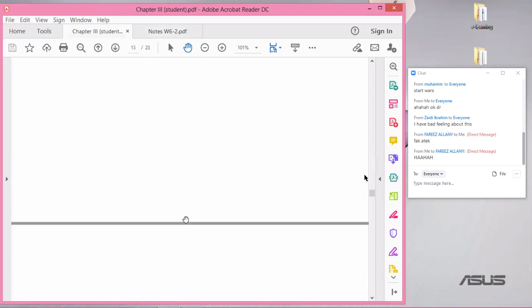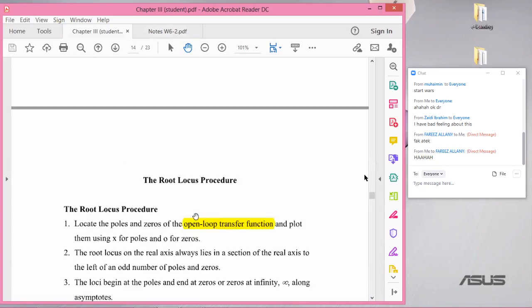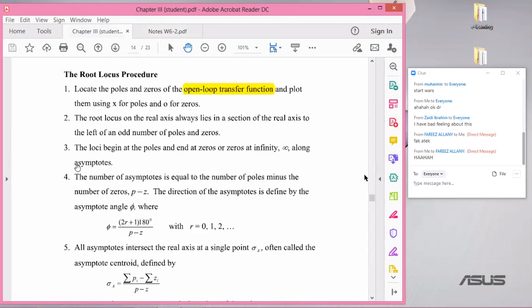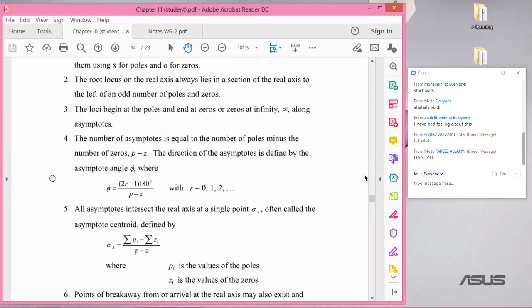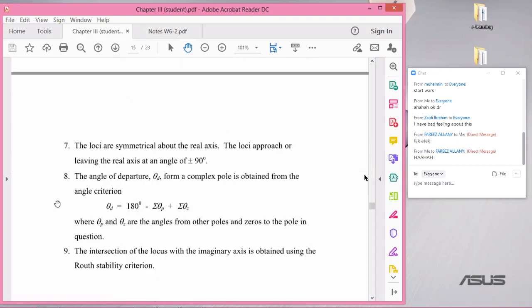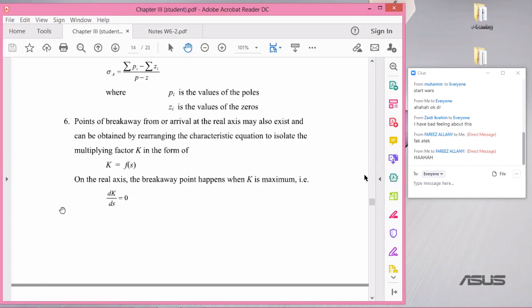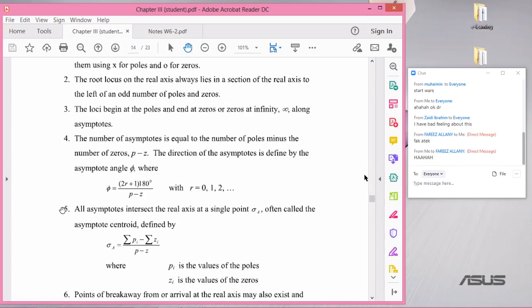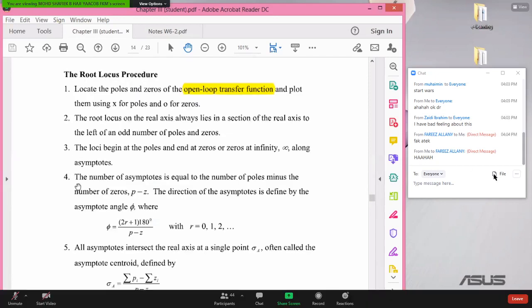See, the root locus procedure has been outlined here. I know it is a lot. You look here, the root locus procedure is listed: 1, 2, 3, 4, 5, 6, 7, 8, 9. I completely understand that, but there's no way around this.